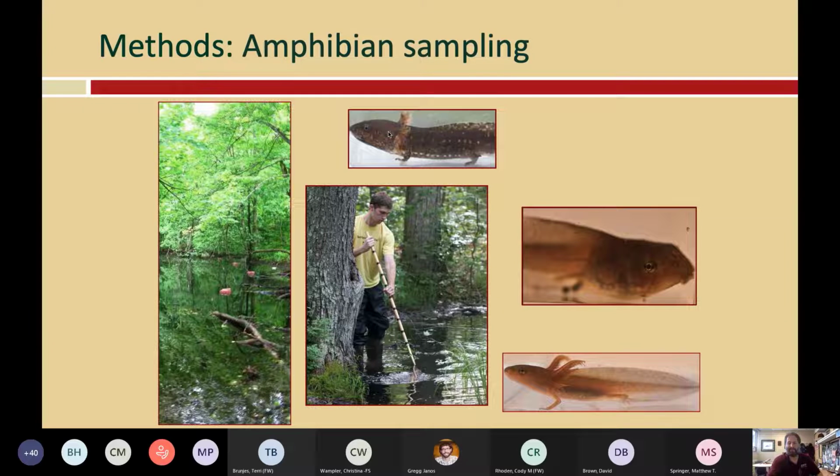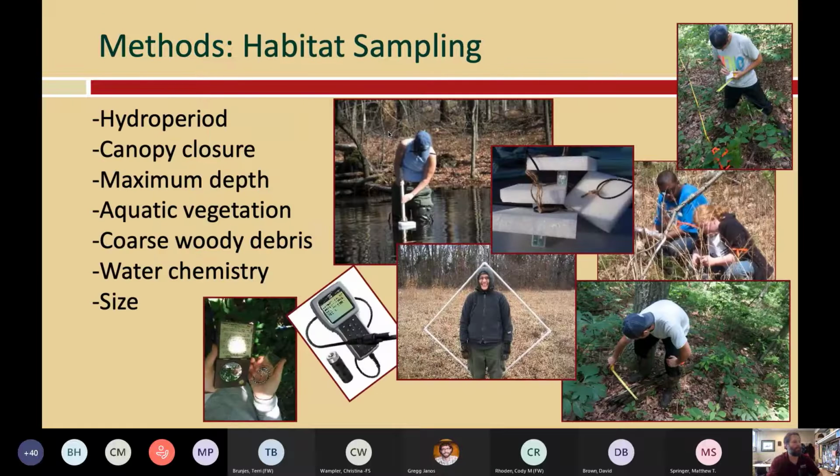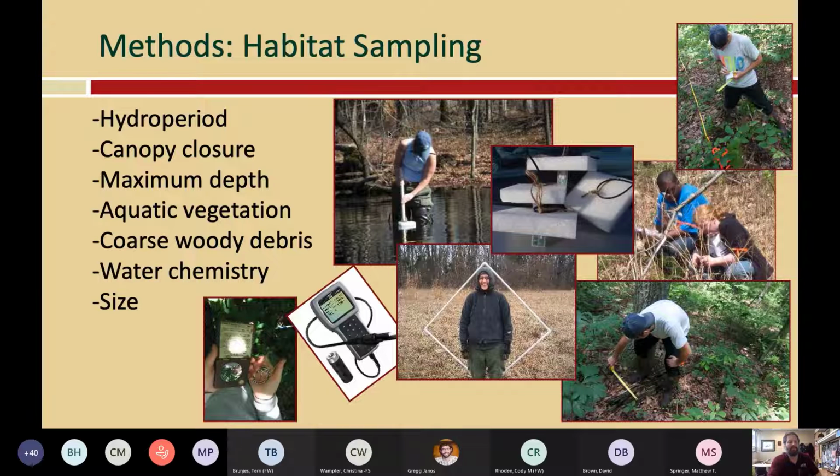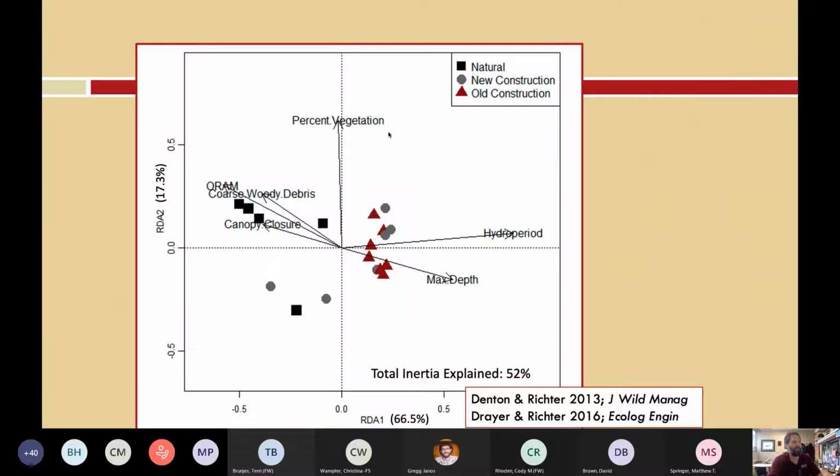So we use standardized techniques to monitor amphibian populations, and I'm going to go through this a little bit quickly for time. Basically we used dip netting and minnow trapping, and also collected lots of data in and around the wetland, factors that affect amphibians and wetland condition. And what we found is, not surprisingly, and don't worry about this redundancy analysis graph, other than to see that old constructed wetlands are really similar, and they are all on the deep and longer hydroperiod side.